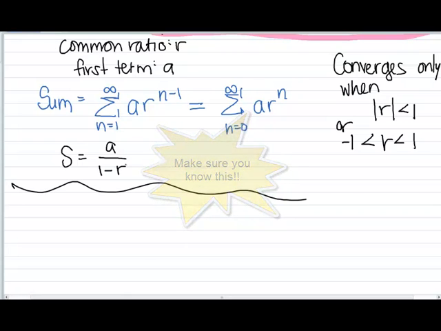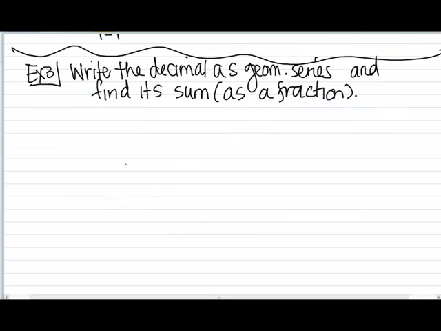Okay, we're going to do a couple things with these geometric series today. So our next example, we're going to write the decimal that I'm going to give you as a geometric series and find its sum as a fraction. So 0.1 repeating. Now this is 0.111111, on and on and on.